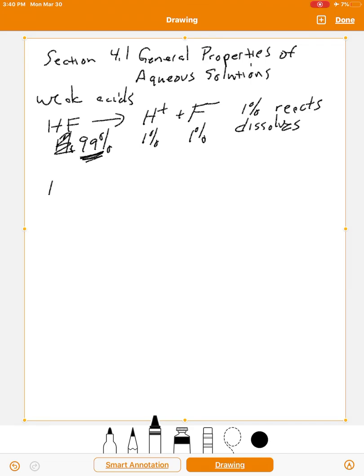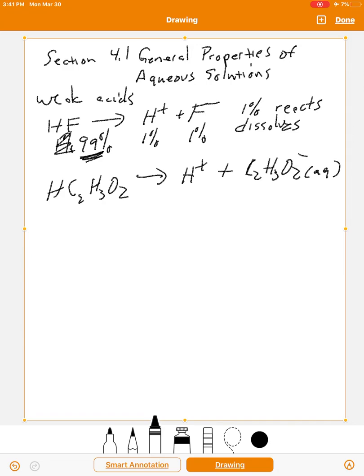Here's another one. It's called acetic acid. These are aqueous. Again, you get about 1%. So these are examples of weak acid.